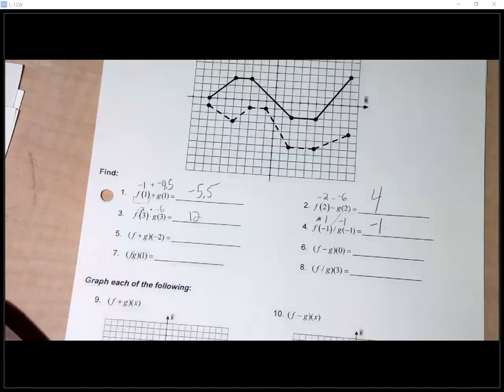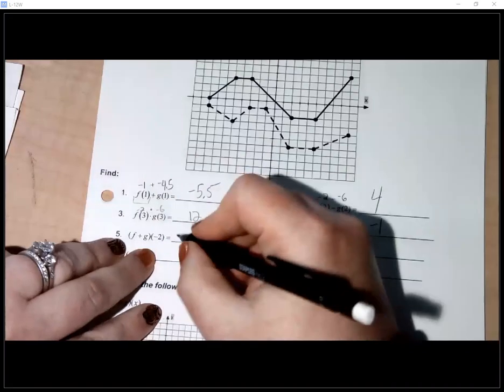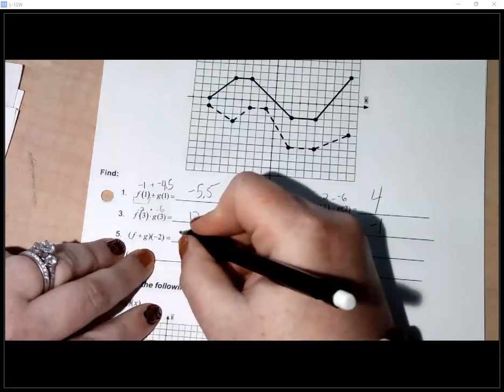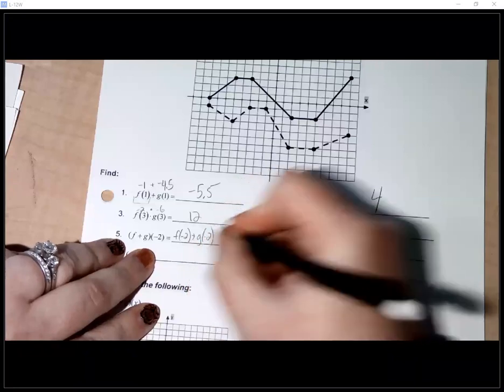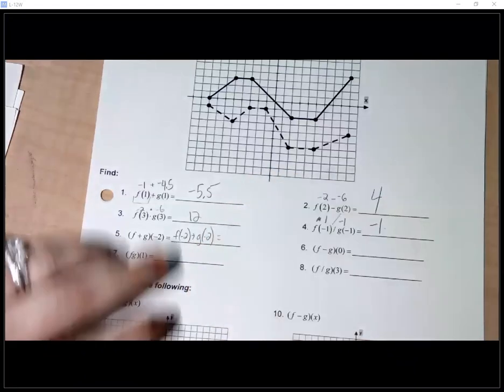So if you wanted, you could write that it's the same thing as doing f of -2 plus g of -2. Same thing, just a different style of notation.